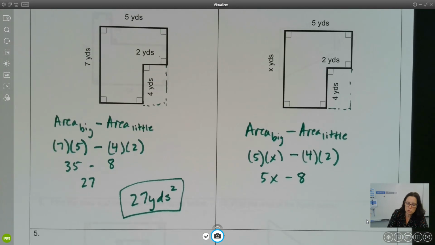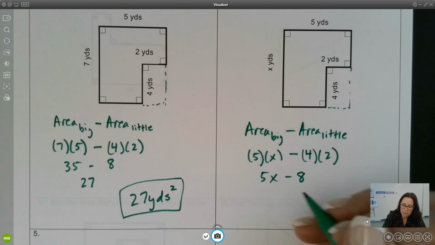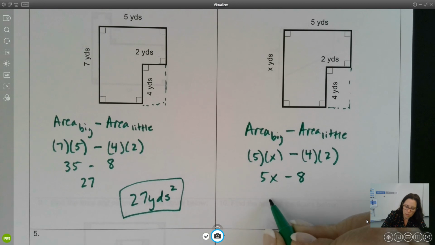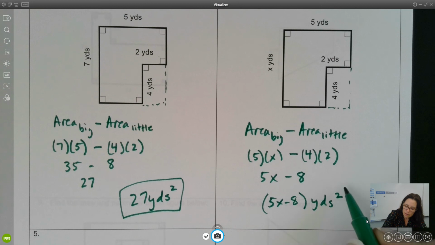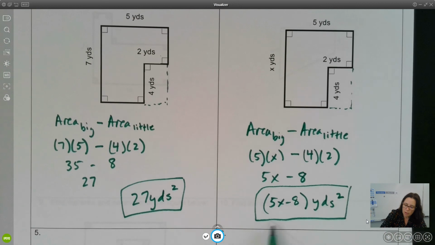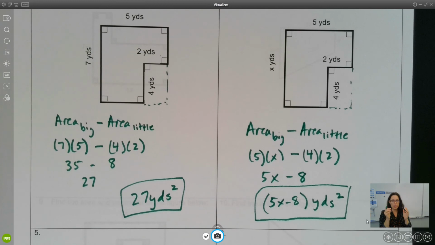Those are not like terms, you cannot combine that. So 5x minus 8 needs to be in parentheses because the whole thing is in yards squared. If you did not have the parentheses, you'd be saying 5x of some sort minus 8 yards squared. So it's very important to have the whole thing saying we're all yards squared.